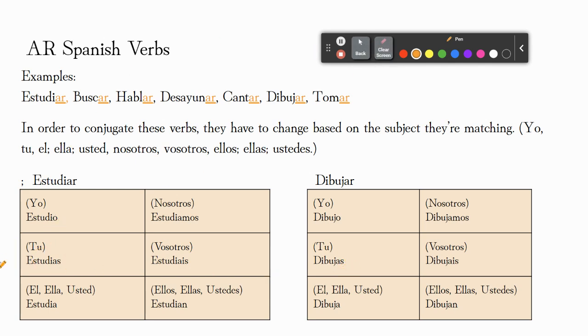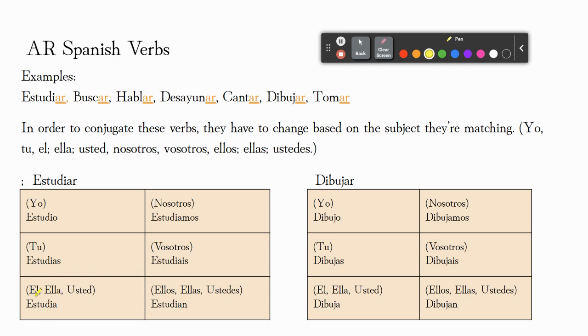So, like estudiar, tú estudias, ends in AS. And for dibujar, it ends in just AS, dibujas, so it's always a similar ending, AS. It's the same pattern for every other word. Buscas, hablas, desayunas, cantas, tomas. It's all AS for the tú form.